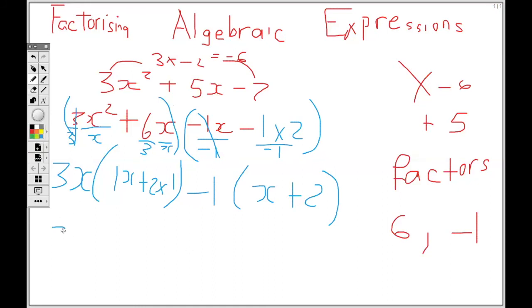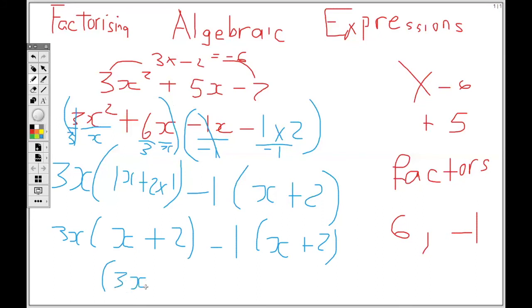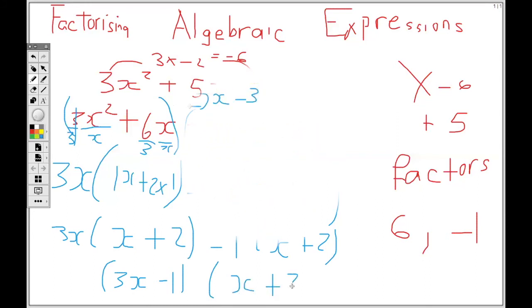So what I have is 3x, open bracket, x plus 2, minus 1, x plus 2. So this is 3x minus 1 and x plus 2.